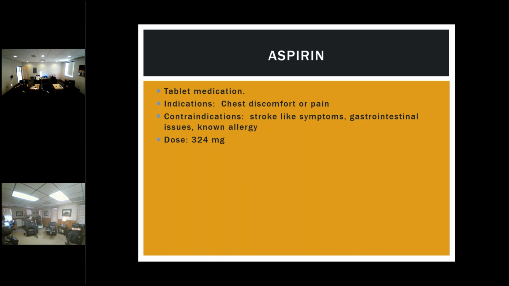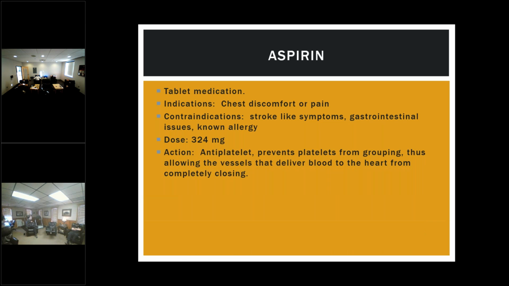Contraindications: stroke-like symptoms, severe GI issues, specifically bleeding ulcers. Hopefully their primary physician has advised them based on their medical diagnosis as to whether they can take aspirin or whether they can't.